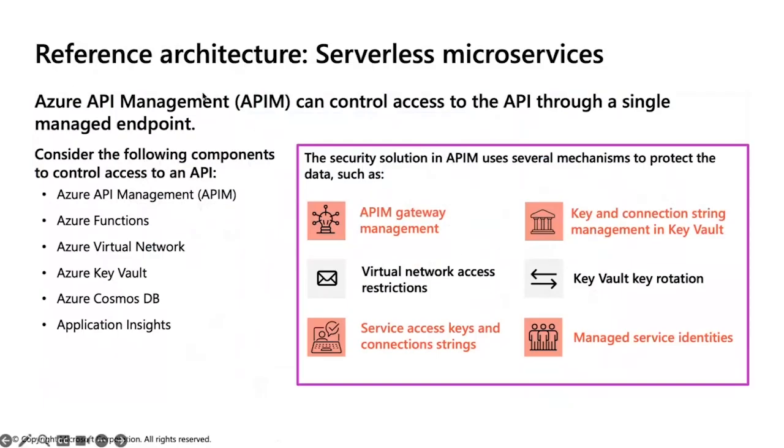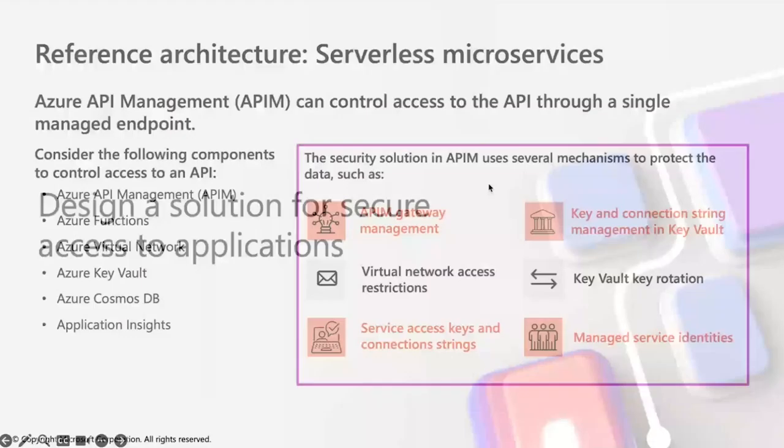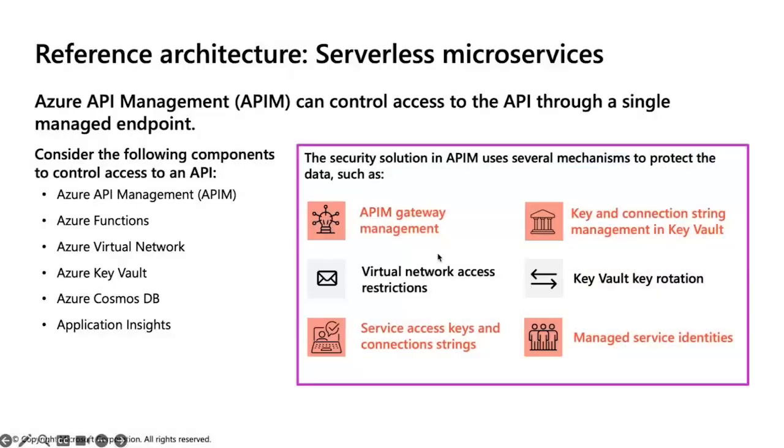In API-M, that is Azure API Management, there are different mechanisms that we use to protect the data. Like we use gateway management, we can deploy virtual network access restrictions, Key Vault key rotations for rotating the access, and we can also configure service access keys and connection strings. We can manage service identities in Entra ID.